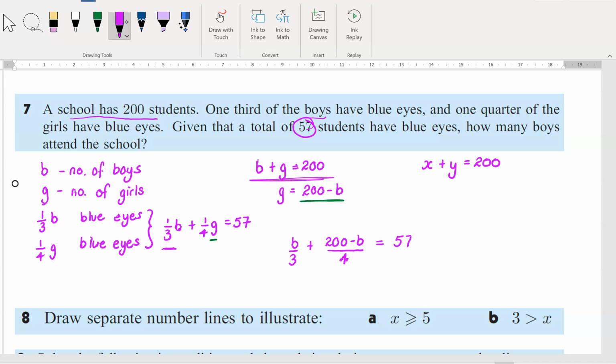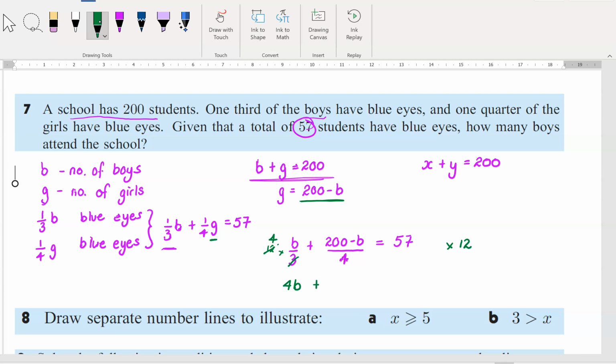Now you can replace the B's with an x, and it becomes just a normal problem that we have to solve. So to get rid of the 3 and the 4, we're going to times through by 12. If I times this by 12, 3 goes into 12 4 times, so that becomes 4B.